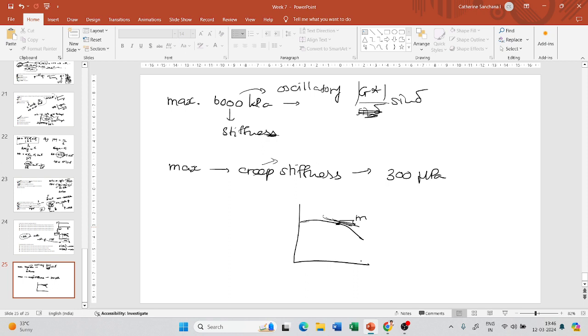But you should understand that this is for a constant load. This is not like I'm repeating the experiment for a number of cycles and observing how the stiffness is decreasing. That time we will want the stiffness to vary very slowly, because if the stiffness is varying very fast, then the material is damaging, right?